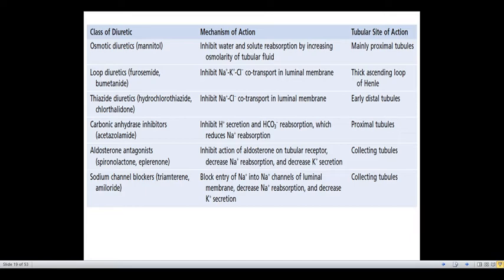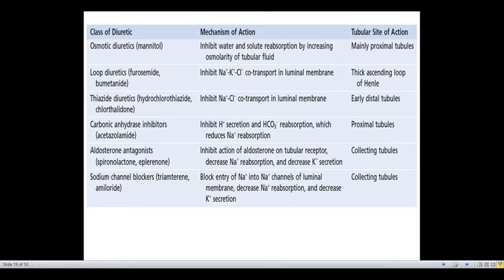Osmotic diuretics inhibit water and solute reabsorption by increasing osmolarity of tubular fluid. They mainly act on the proximal tubules.